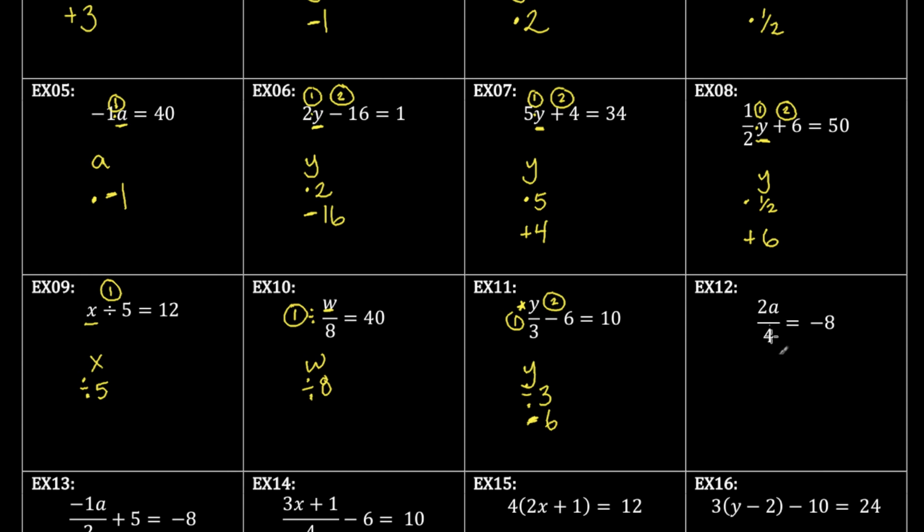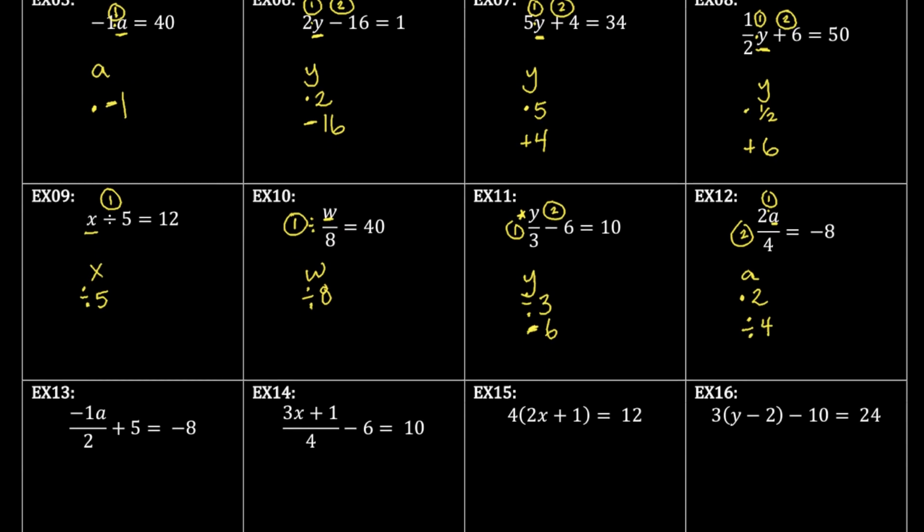Okay, so it's starting to look a little more complicated. In example 12, in this equation, we start off with a, and we multiply by 2, and then we divide by 4. Easy enough.